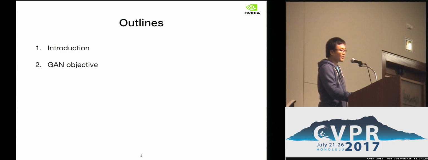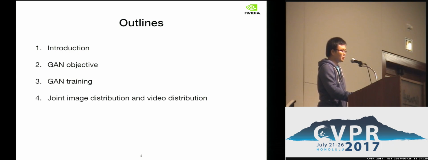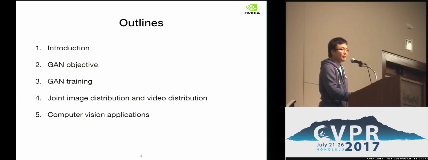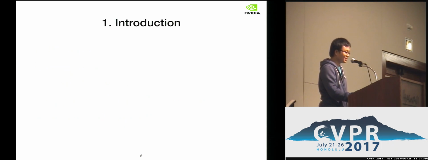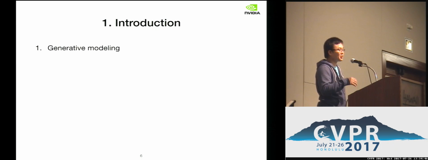Okay, so this is our outline. We start with the introduction, then talk about the GAN objective and training. We'll talk about joint image distribution learning and video distribution learning. Then we will talk about computer vision applications, mostly on image-to-image translation. The introduction will also contain some smaller parts.